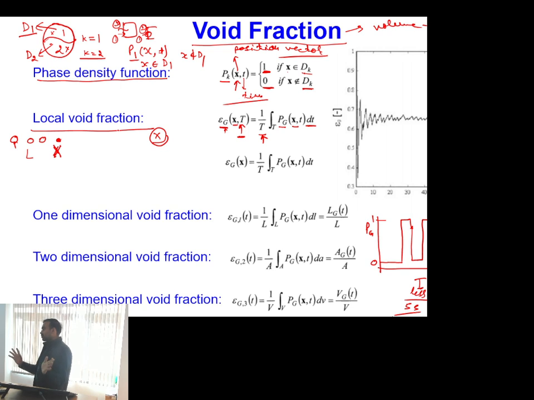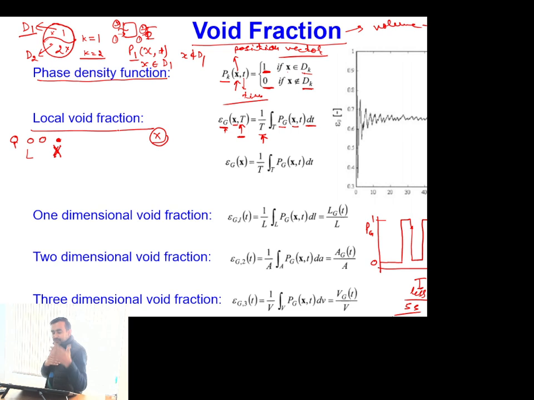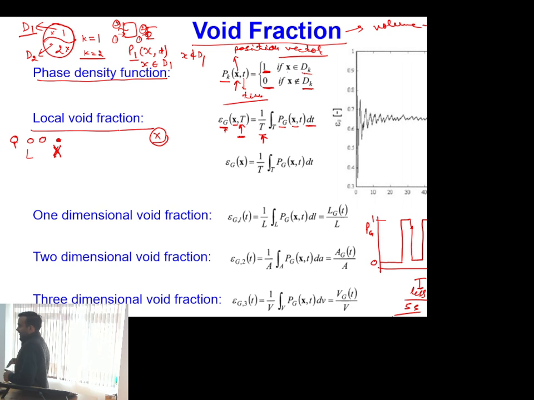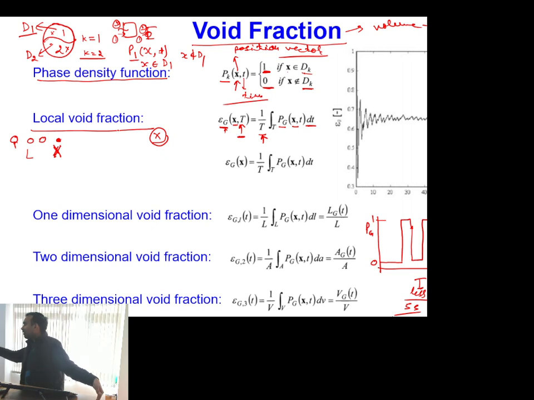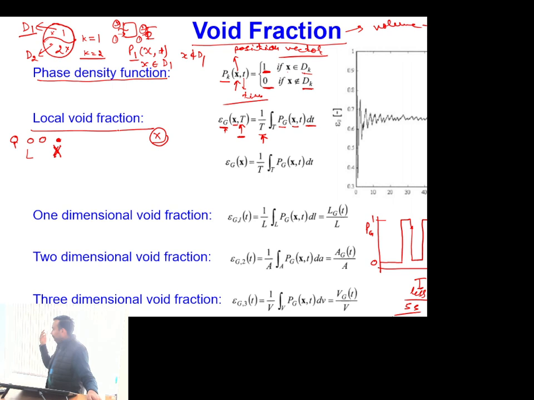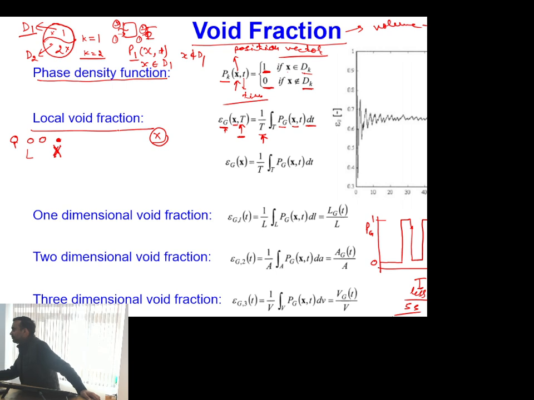Now, with reference to this large time period, the change in the phase density function will actually be less, because of which the fluctuations in the local void fraction will decrease. Is this point clear or not? So if you have a large sampling time, then all types of fluctuations will be accounted for, and if you repeat that experiment again and again, you will get almost the same average value.